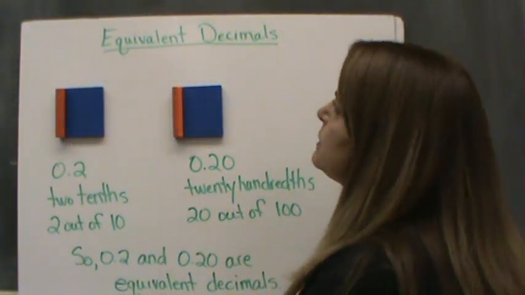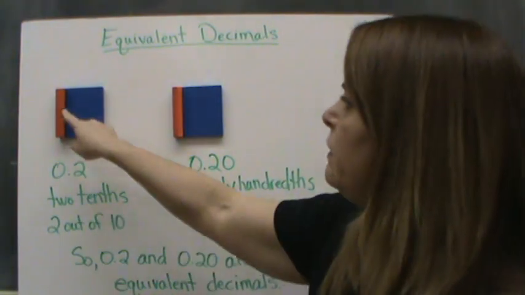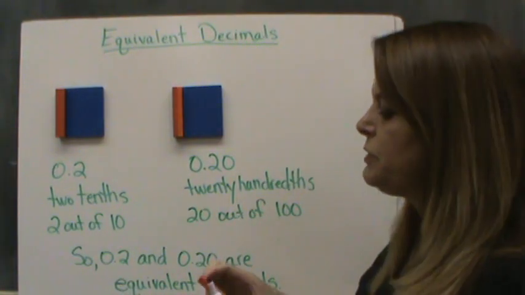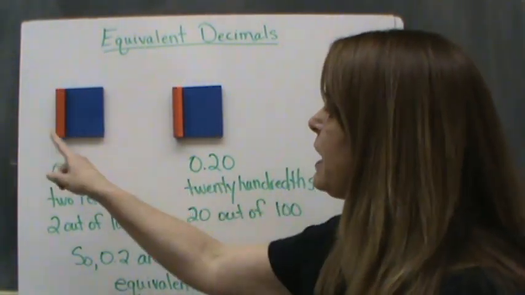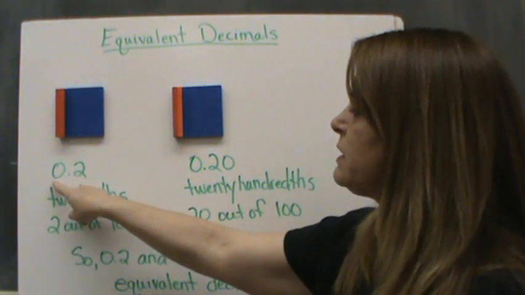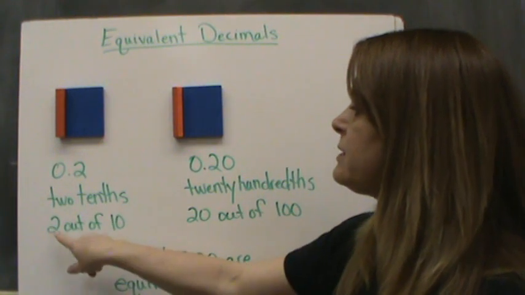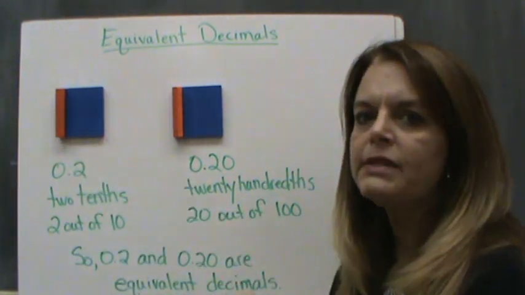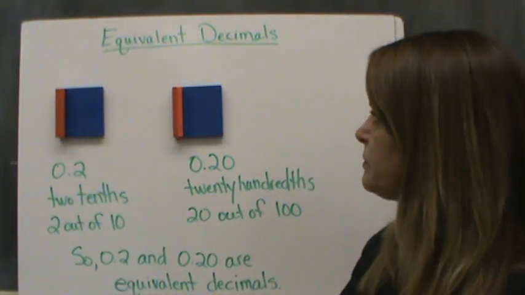So here's another way to look at equivalent decimals. In this example, I have 2/10. I have 2 of these, and this shows 2/10, and my decimal is 0.2. It's telling me that it's 2 out of the 10, so 2 out of the 10 are orange.